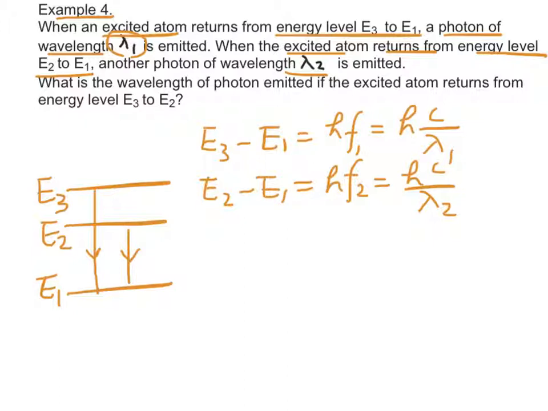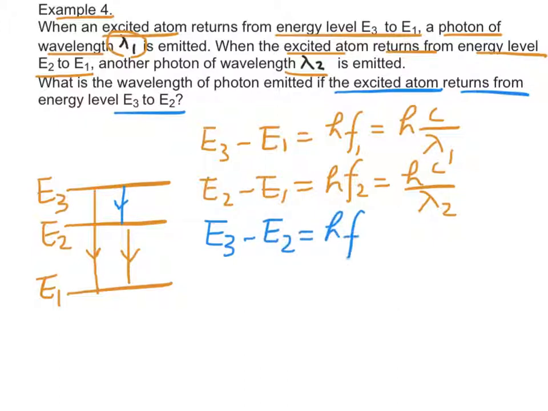Now, if the excited atom returns from energy level E3 to E2, we have E3 minus E2 equal to hf3 equal to hc over lambda 3, where lambda 3 is the wavelength of the photon emitted.